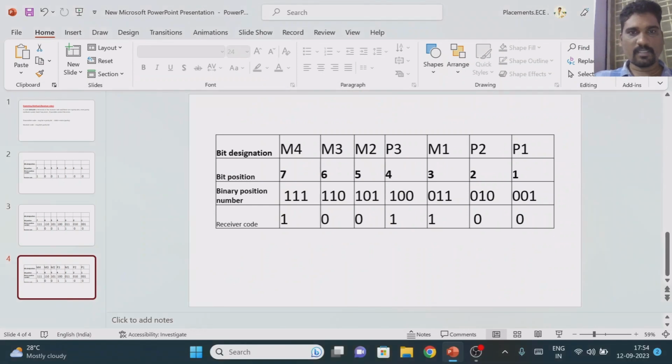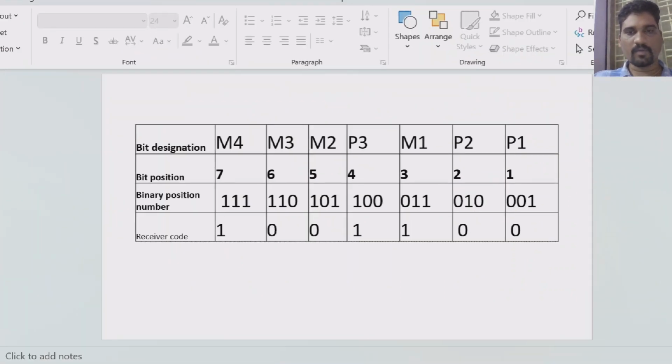As I mentioned, based on the P1, P2, P3 values, we are going to identify whether it is error or error free, right? P1 value equal to 0, P2 value equal to 0, P3 value equal to 0.